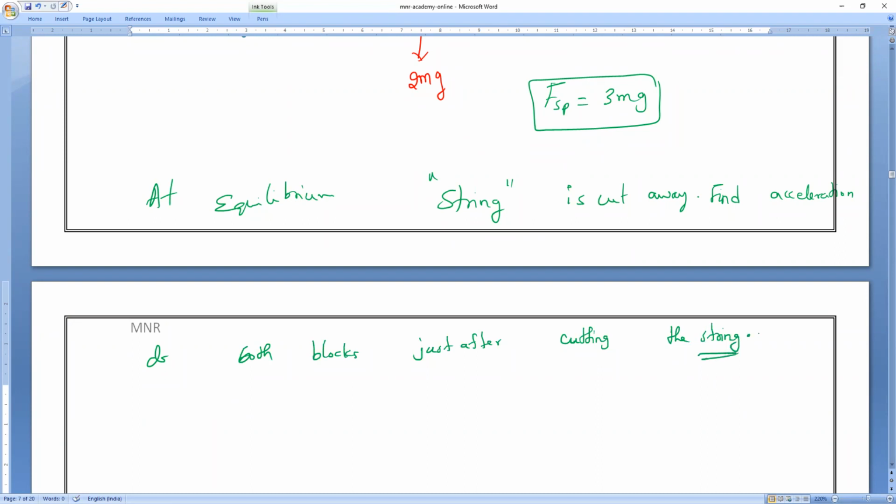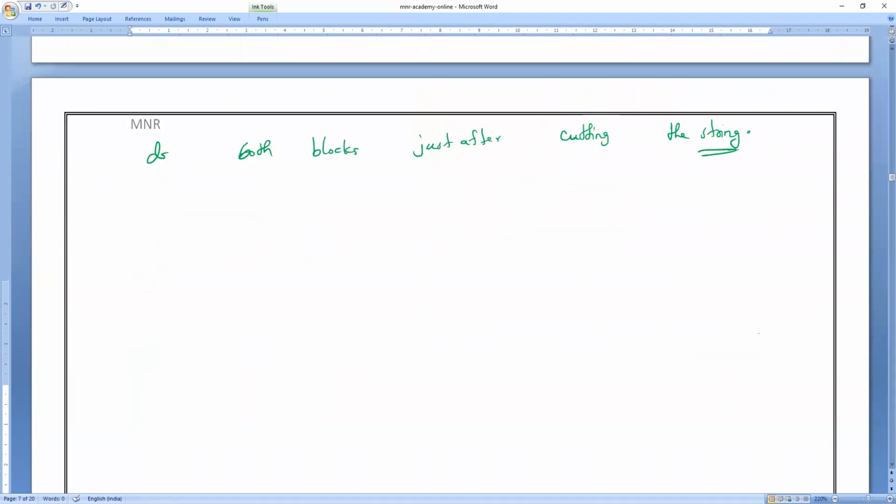Just now, imagine that I cut the string. We consider the M body. Upward, the spring force F_sp is acting.